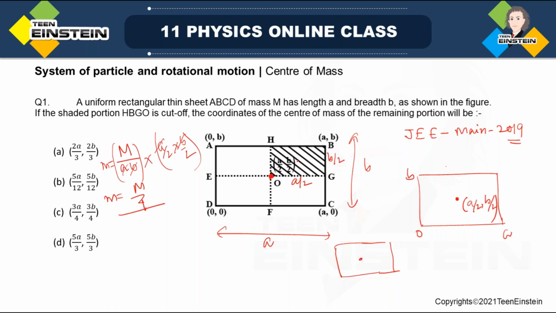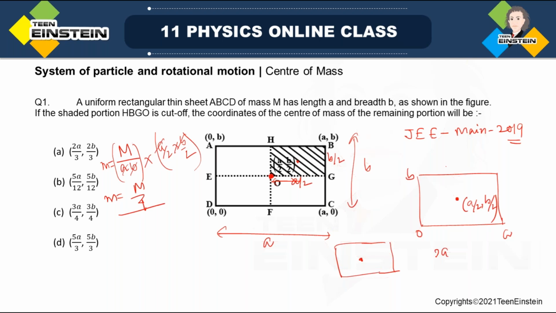So what is the center of mass of this chopped portion, the shaded region? Up to here is A by 2, and up to here another A by 4 will be added.